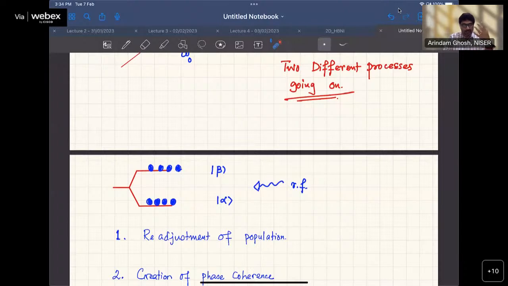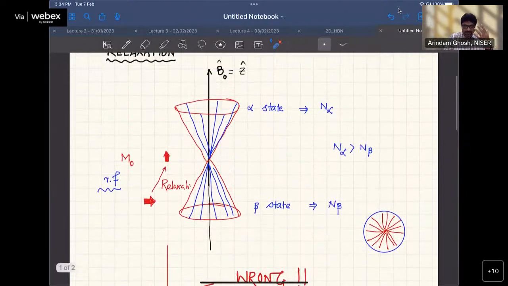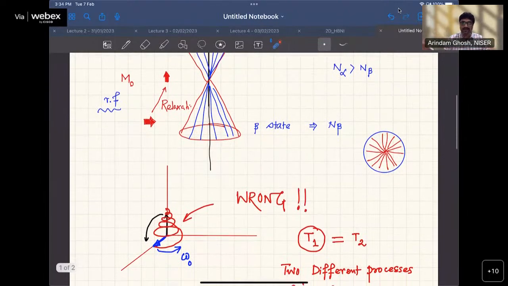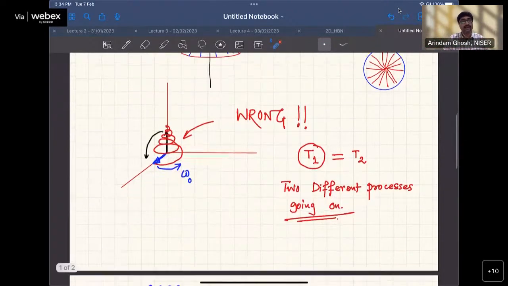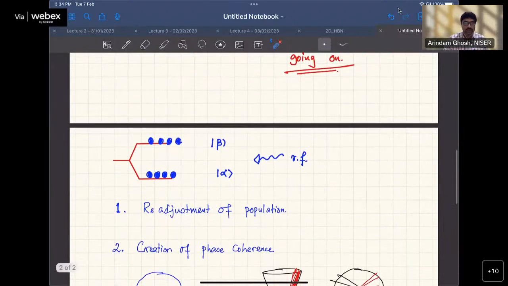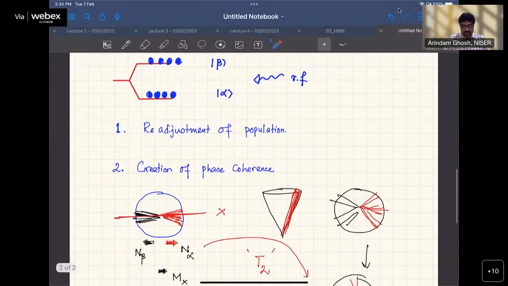Then when this happens in alpha and beta, this condition will be restored, and the Z component will slowly come up. So killing of the XY component is because of decoherence, and gaining of the Z component by readjusting the Boltzmann distribution again, these are two completely different phenomena. They are happening simultaneously though, and that is creating this particular thing.